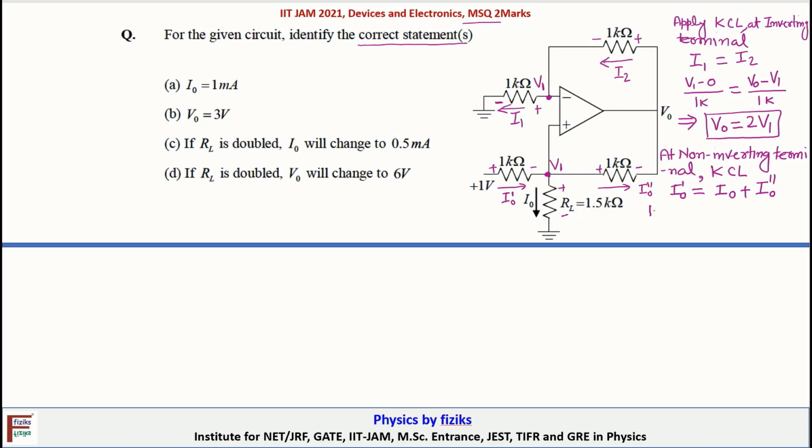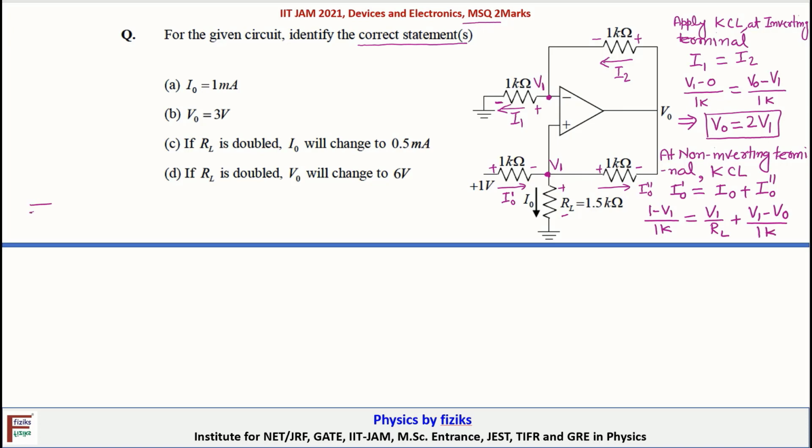IO dash will be (1 minus V1) by 1K. This will be V1 by RL and IO double dash will be (V1 minus VO) by 1K.